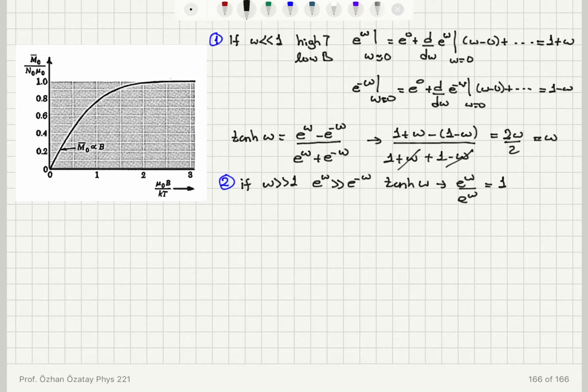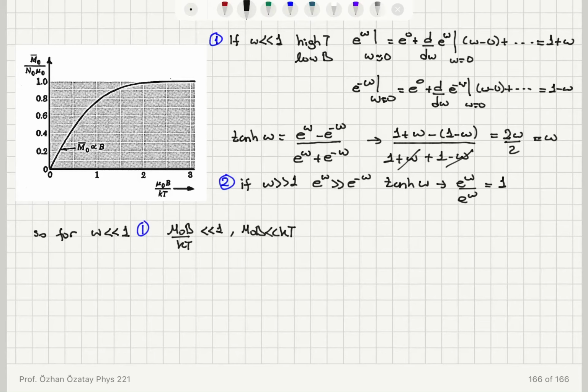Okay, so for the mean moment value, for the first case, omega much less than 1, I have mu 0 B over kT much less than 1, or mu 0 B much less than kT, again high temperature, low magnetic field limit.